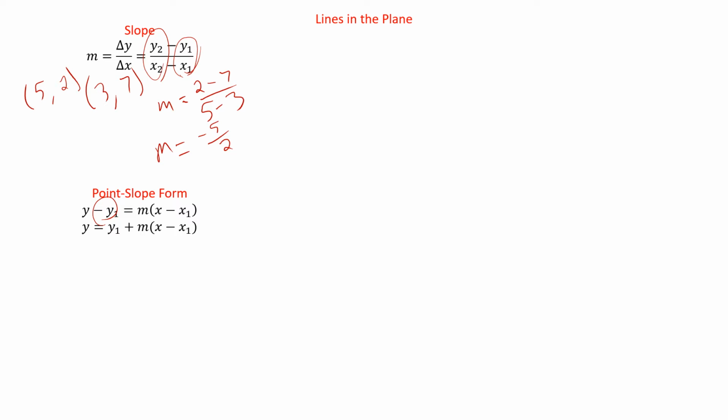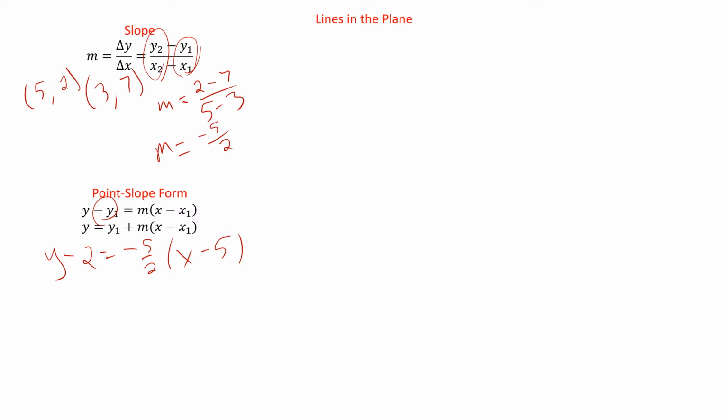We know the slope is negative 5 halves, and we have 2 different points that we could use. So we just pick a point. We can have y minus 2 equals our slope, negative 5 halves, times x minus 5. There we go. That's the point-slope form of the line.